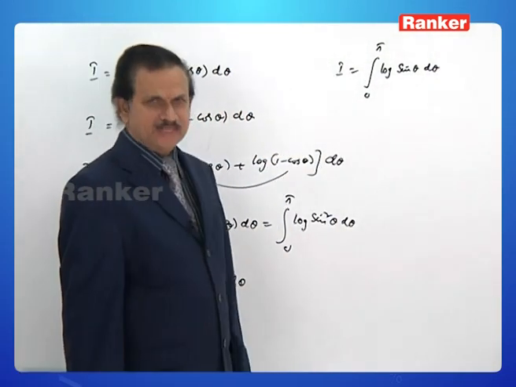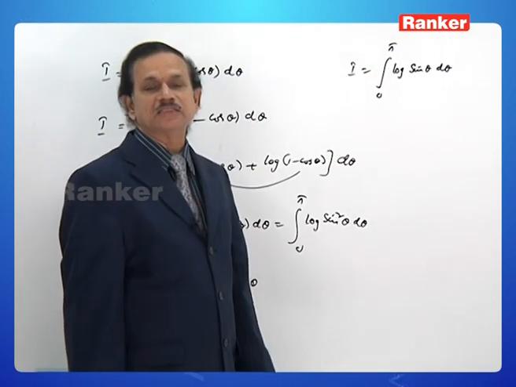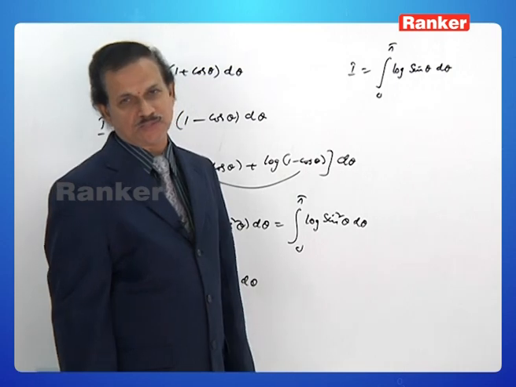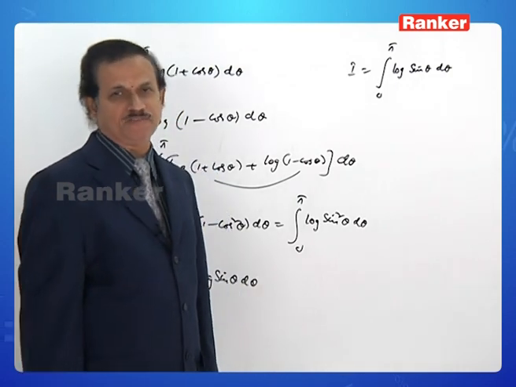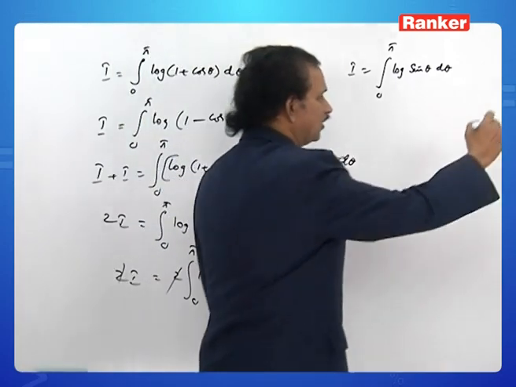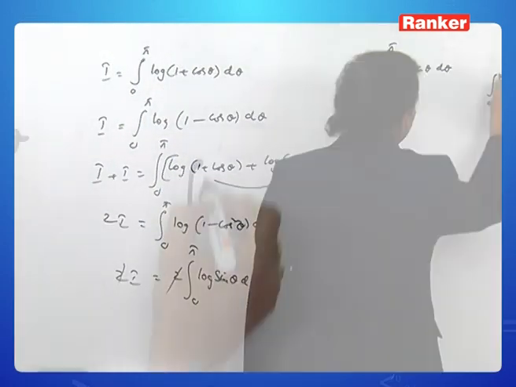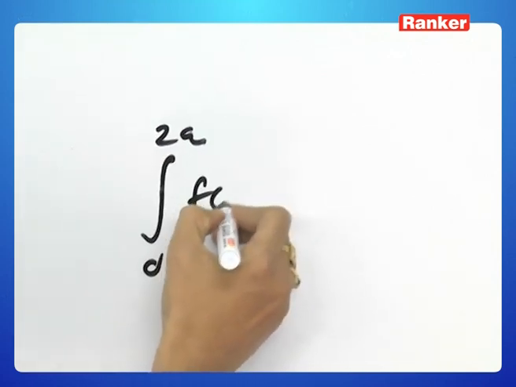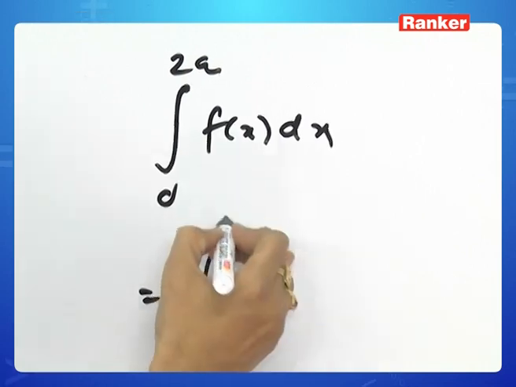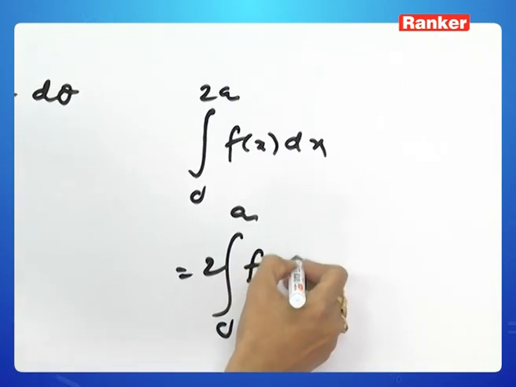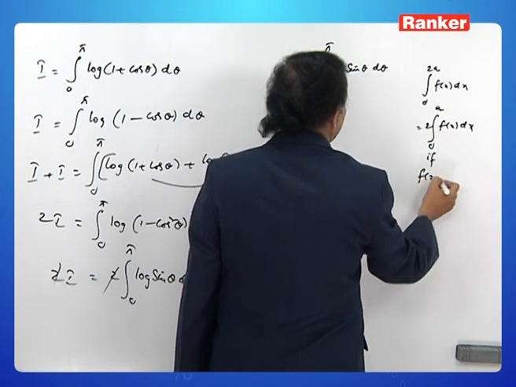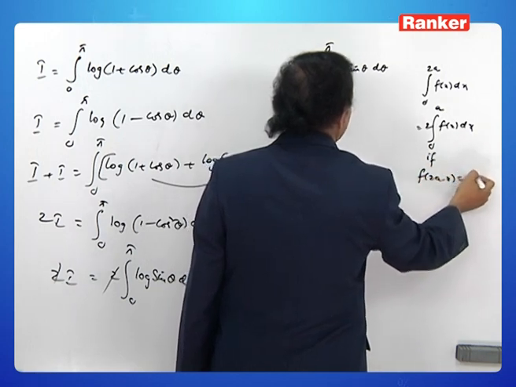Okay, let me consider this pi as some 2a. Let me recall the formula: integral 0 to 2a f of x dx is equal to 2 into integral 0 to a f of x dx if f of 2a minus x is equal to f of x.